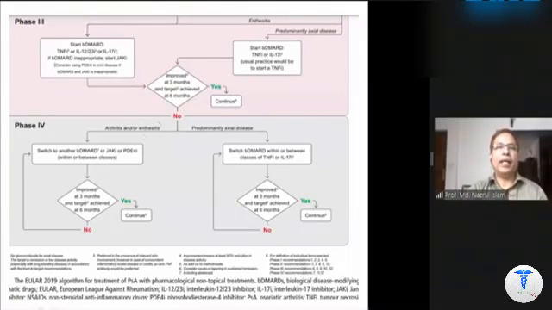If no, and again arthritis and enthesitis or predominantly axial disease, these are the biologic DMARDs, JAK inhibitor, phosphodiesterase 4 inhibitor, and switching to another biologic DMARD within or between TNF inhibitor or interleukin 17 inhibitor. Same thing: 3 months observation, target achieved at 6 months, we need to continue the treatment. But if not, we have to go back, meaning we need to try the other drugs we have in hand.